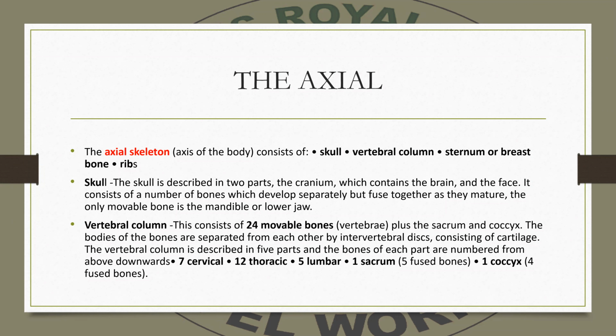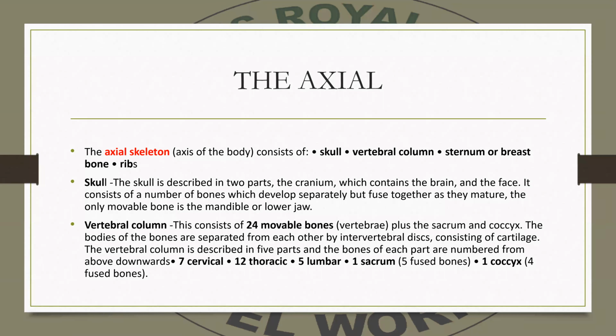There are 7 of them. To locate them, you use the capital letter C, so C1 would mean cervical bone 1. They move from top to bottom, so the first one that you feel in your neck, you start coming down: C1, C2, up to C7.